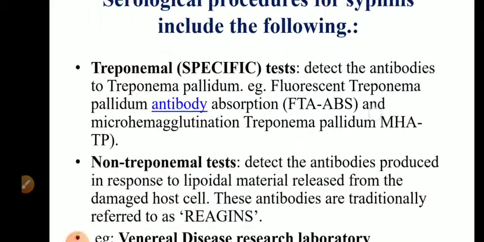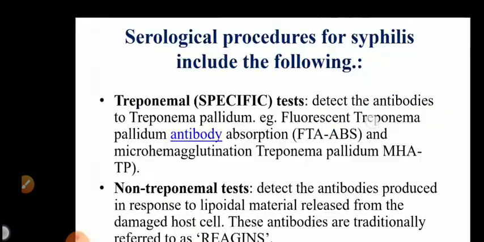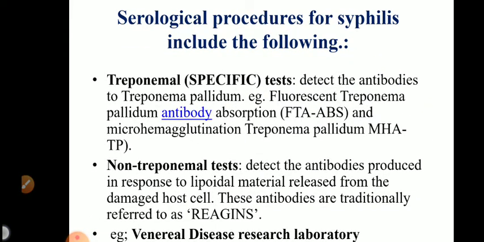Now, serological procedures used for detection of syphilis. Specific tests are treponemal tests, but they are used only after we get a non-specific test positive, right? They detect antibodies formed against Treponema pallidum, and hence we use treponemal antigen here.